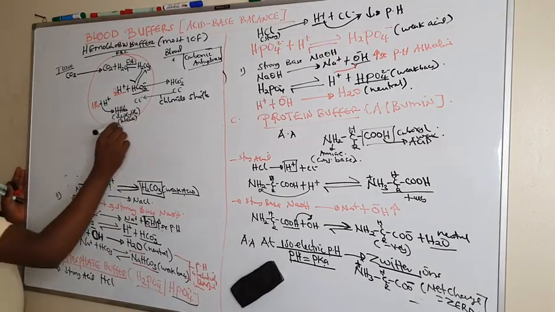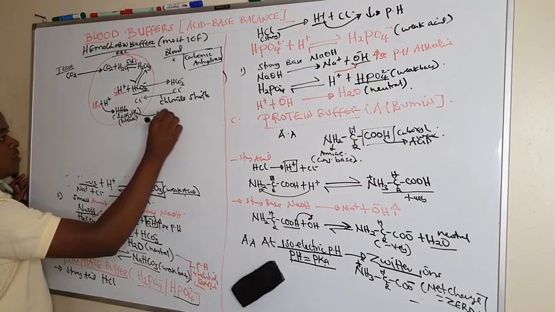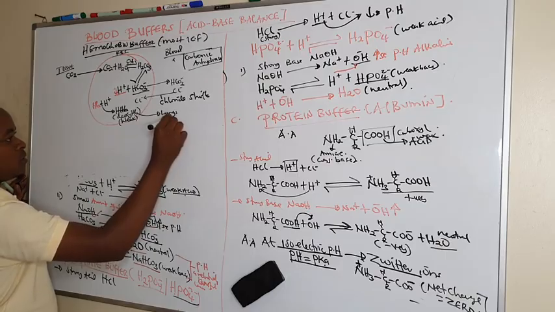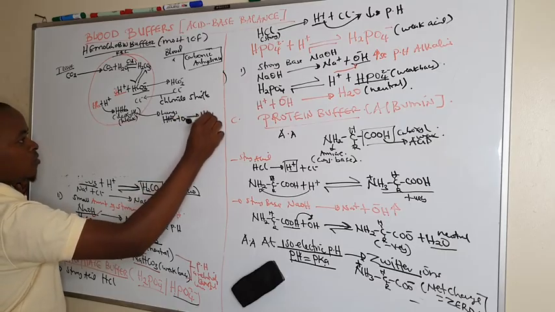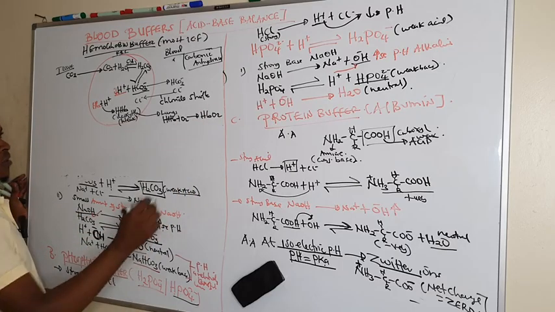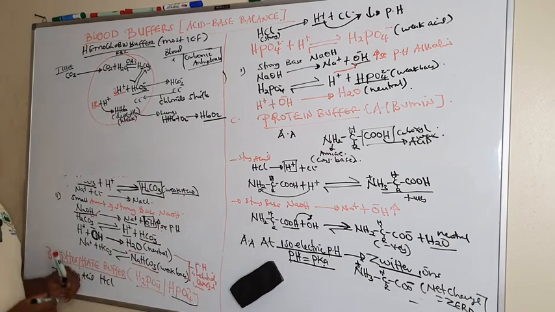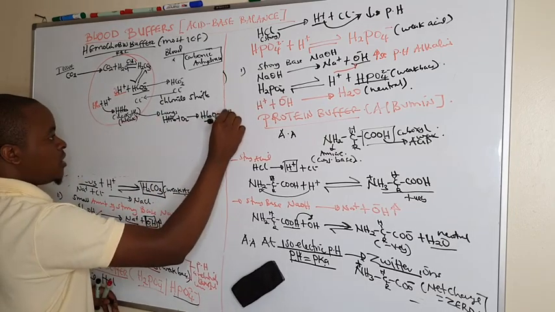And if this deoxyhemoglobin is taken to the lungs, it will be able to combine with oxygen to form oxyhemoglobin. And this oxyhemoglobin is the one that will bring the oxygen back to the respiring tissue. Then it will release the hydrogen ions.